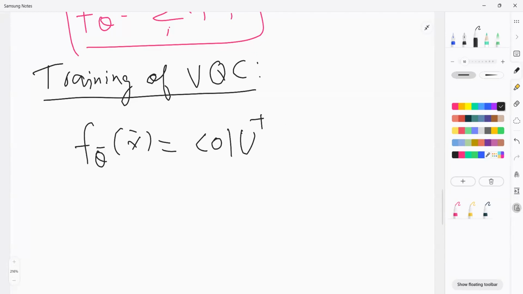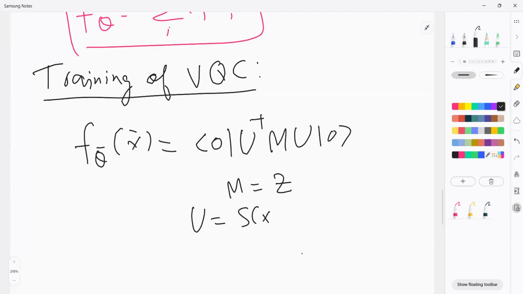Some observable, where we just chose the observable to be z, and the unitary is some W of theta S of x.